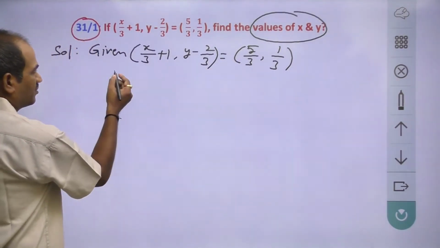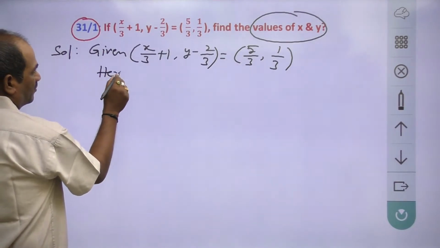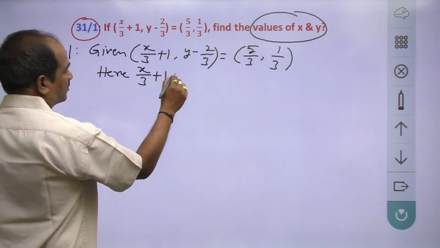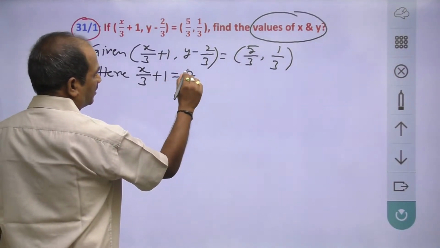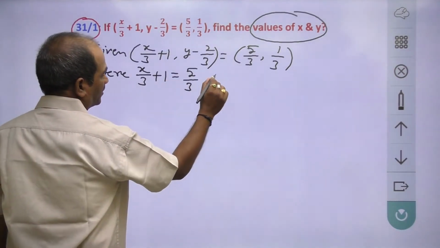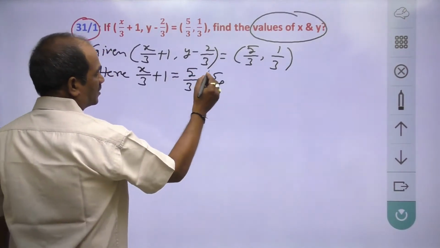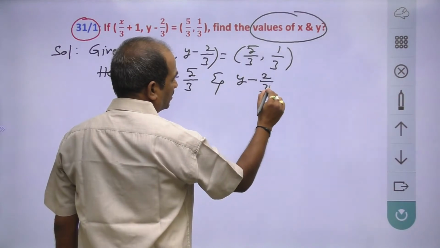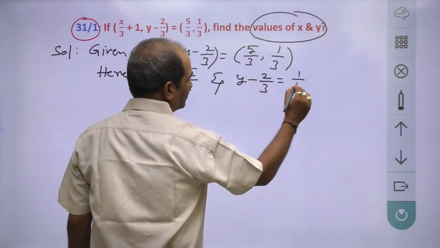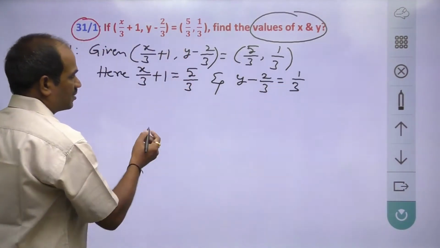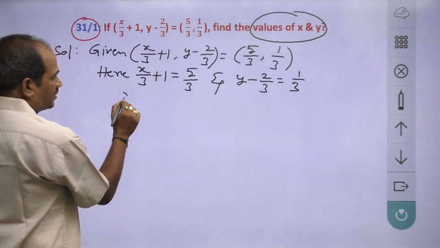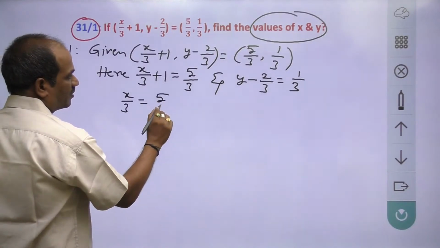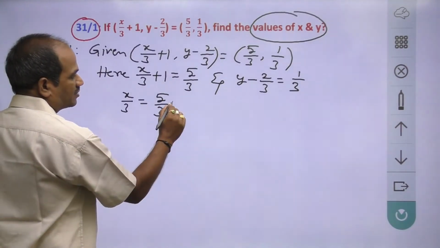So in the corresponding elements, x/3 + 1 is equal to the first element, 5/3, the x coordinate. Next, the y coordinate: y - 2/3 is equal to 1/3. Taking 1 to this side, x/3 is equal to 5/3 minus 1.